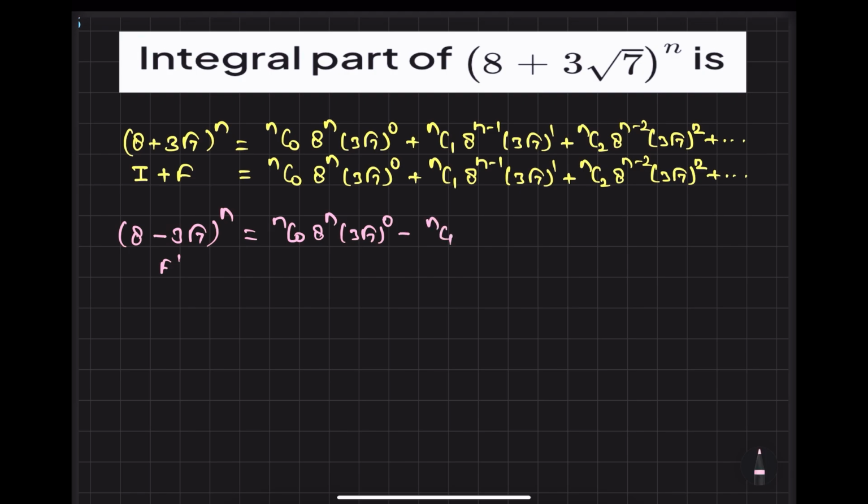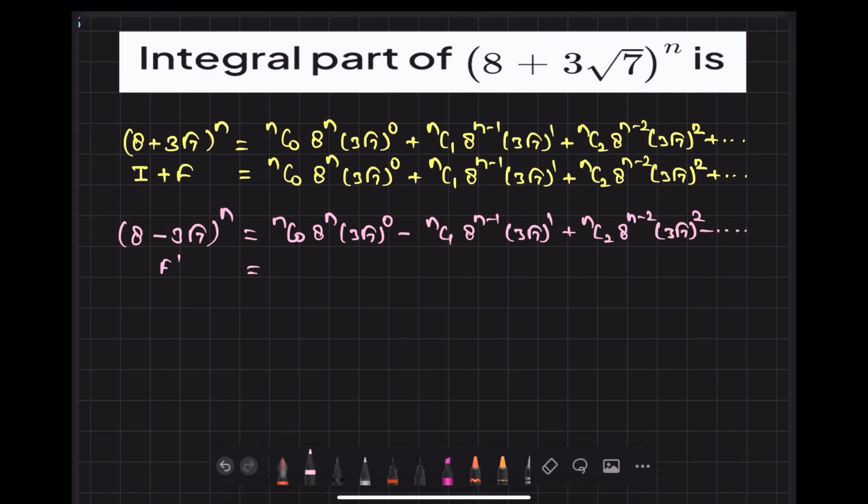So nC1 8^(n-1) (3√7)^1 plus nC2 8^(n-2) (3√7)^2 minus dot dot dot. Correct? I hope till this part you are comfortable. We have expanded. Okay. So now what we have to do, just do nothing.